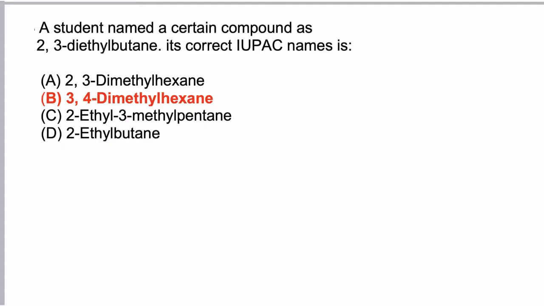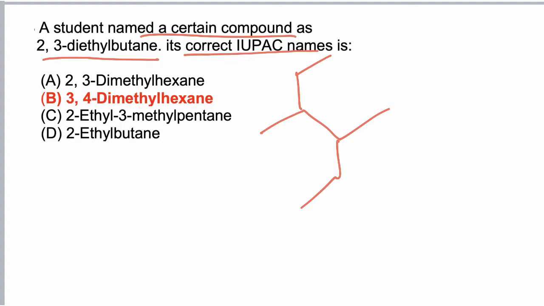A student named a certain compound 2,3-dimethylbutane; its correct IUPAC name is? If we draw the structure according to the given name, this name is incorrect because this molecule has only 4 carbons in the main chain, but this is not the longest chain.